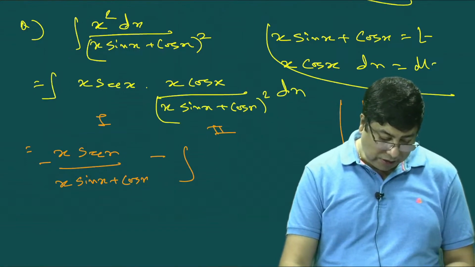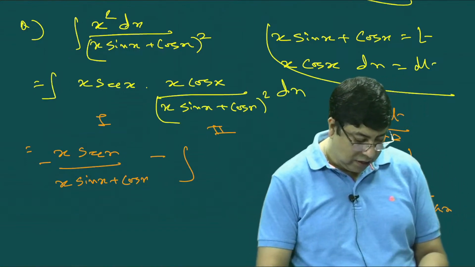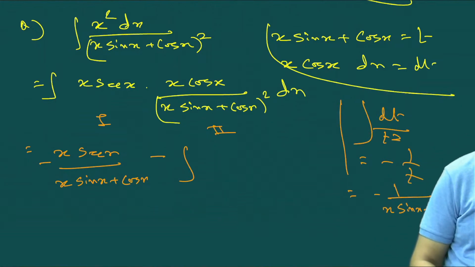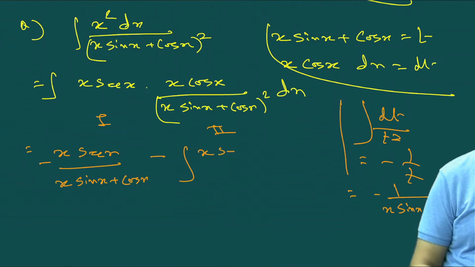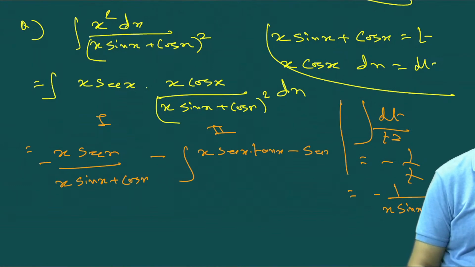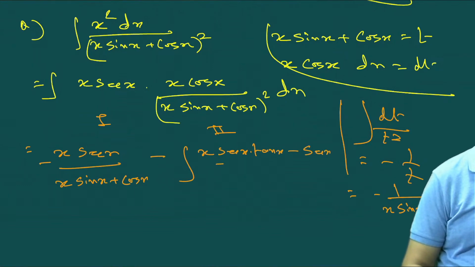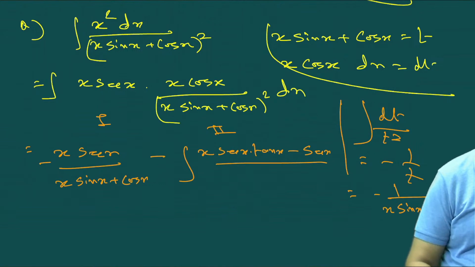Just see one thing: the derivative of x sec x is x sec x tan x plus sec x, and the integration of v we already got as minus 1 by x sin x plus cos x dx.